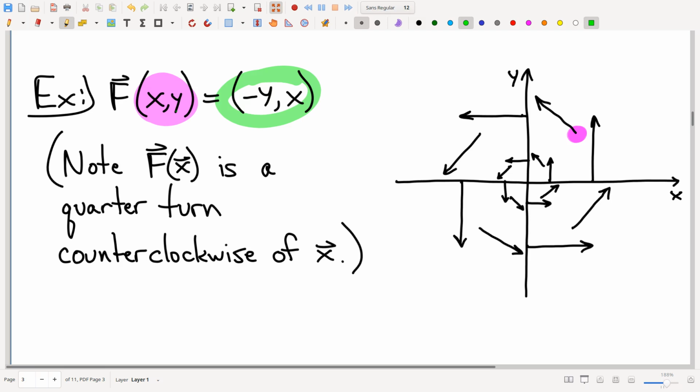So a couple of clever observations, and we've immediately reduced our options to these two. Not sure immediately which one of these it is, but it does have to be a vector that has the same magnitude as the distance from the origin and that's perpendicular to that radius. So these are the only two options right off the bat. Everybody on board? Now how do we decide which one it is?